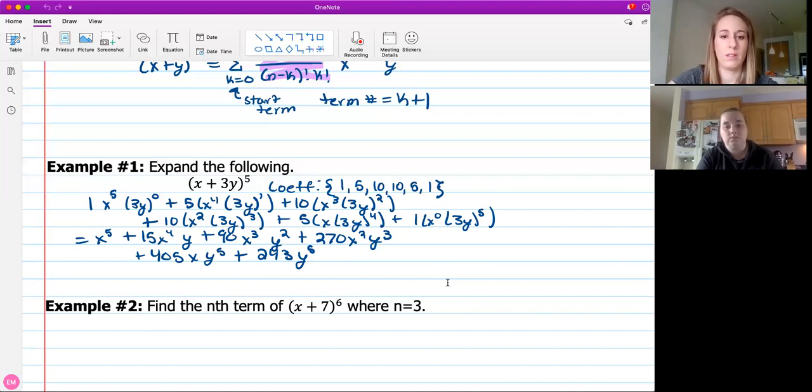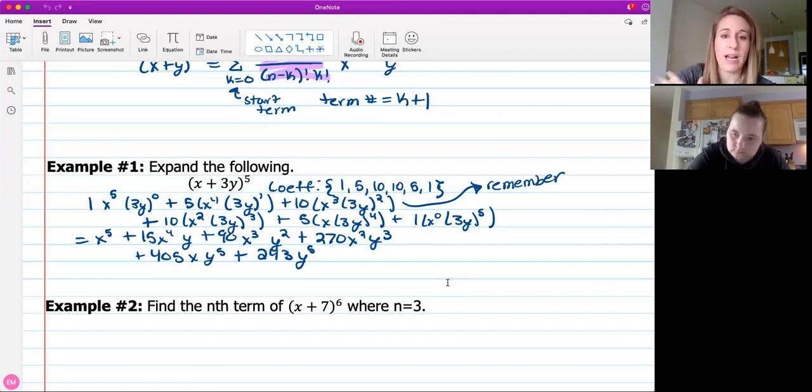It's not that bad. Be careful, guys, when you are raising your things to the different powers. For instance, for the third term where we have 10 times x cubed times (3y) squared, remember, you're also squaring the 3. So this is going to become 10 times x cubed times 9y squared.